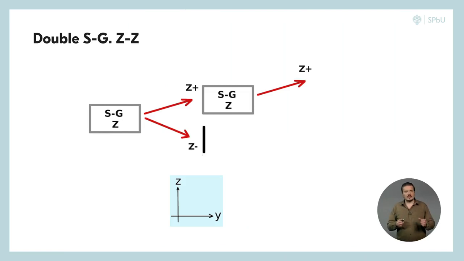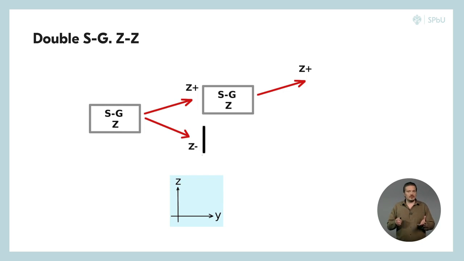The first apparatus splits the initial beam of silver atoms into parts. Let's call them Z plus and Z minus. Z plus are those particles that deflect up along the axis Z, and Z minus those which go down the axis Z. And we will block the Z minus part of the beam, allowing only Z plus to enter the second apparatus.